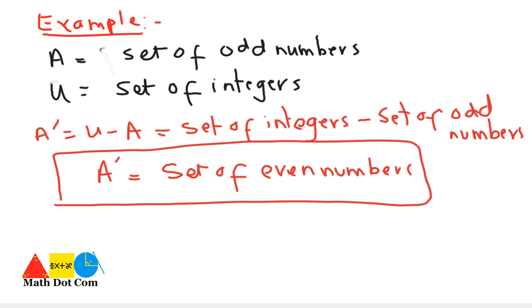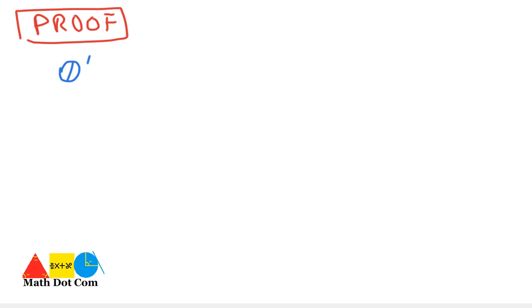Now let's prove a few properties of the complement of a set through examples. One of the properties was phi complement is equal to the universal set. How can you prove it?